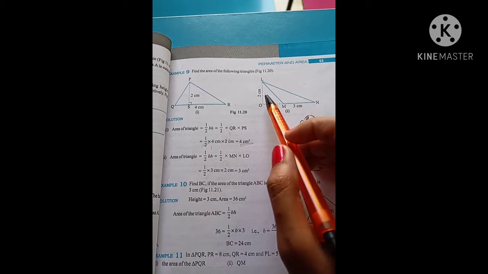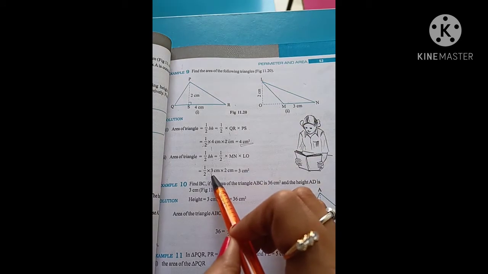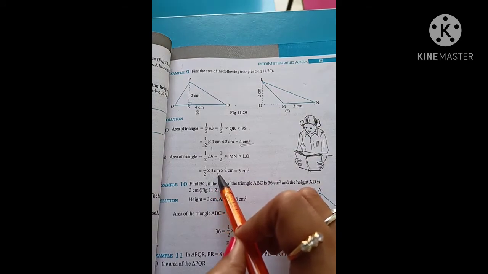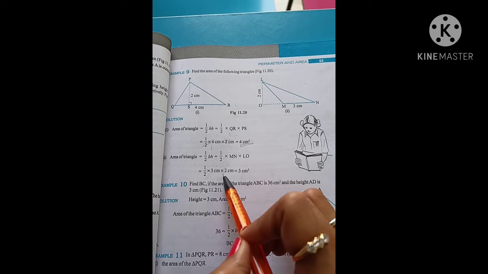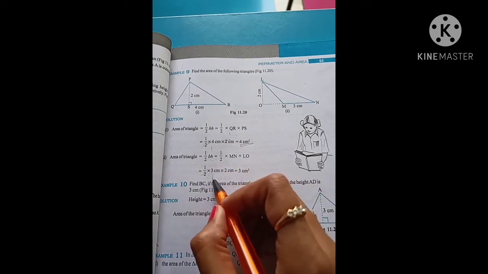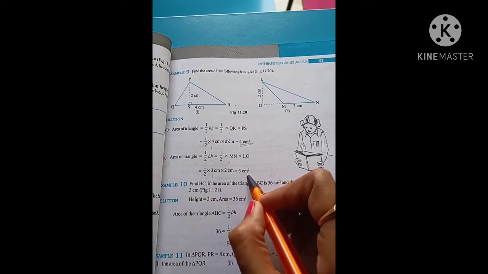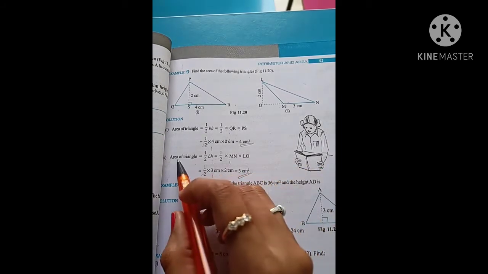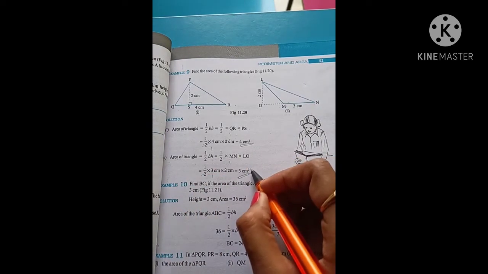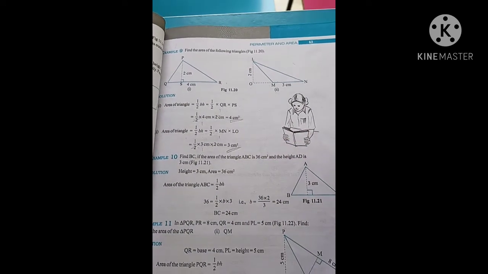So now half into MN is 3 into LO is 2. So now let us simplify. 2 ones are 2, 2 ones are 2. So 3 remains. 3 centimeter square, because this is the area, we have to square the SI unit of the product. So this is how we will be finding out the area.